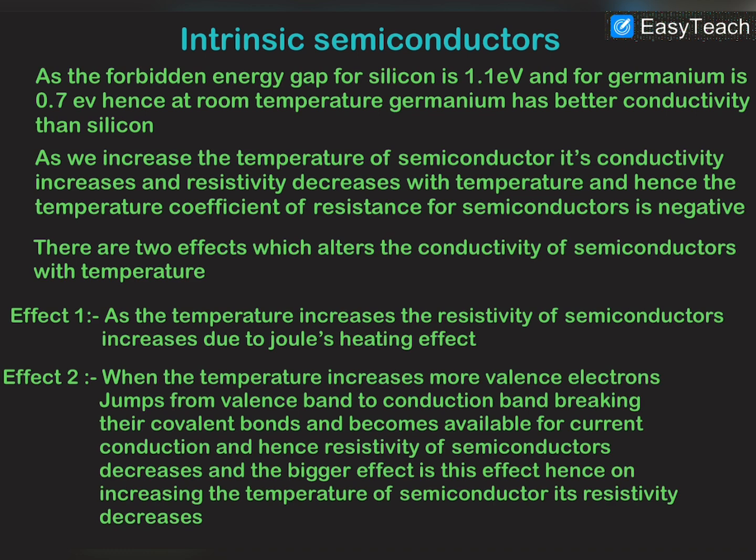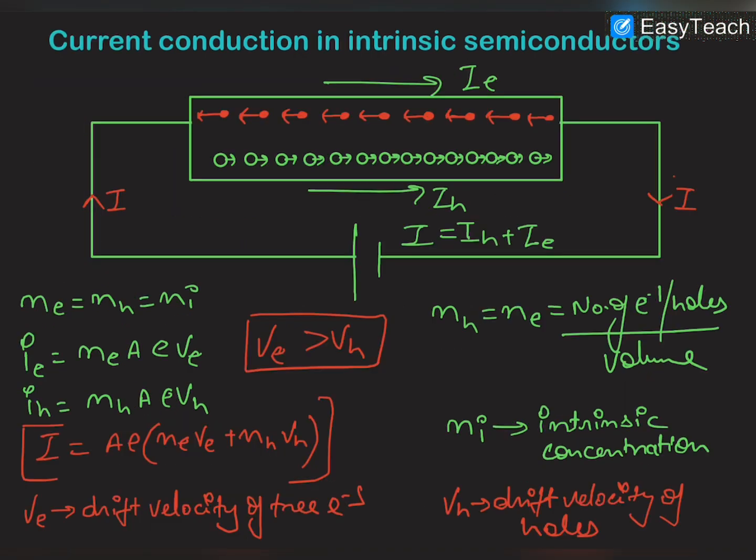So the conductivity becomes multiple times when we increase the temperature, and therefore the bigger effect is effect 2, in which conductivity increases. So cumulatively we can say that on increasing the temperature of an intrinsic semiconductor, the conductivity of the semiconductor increases.